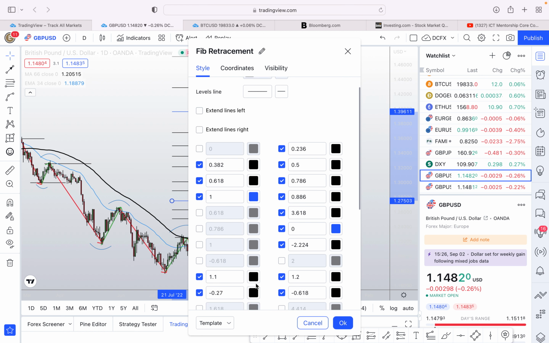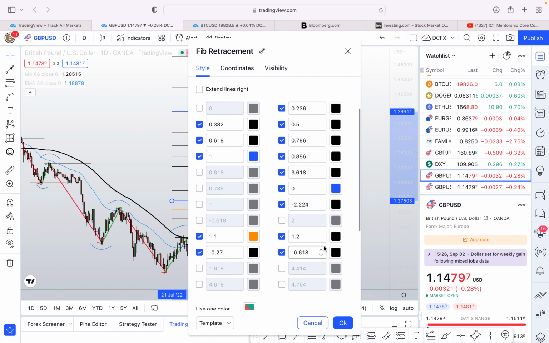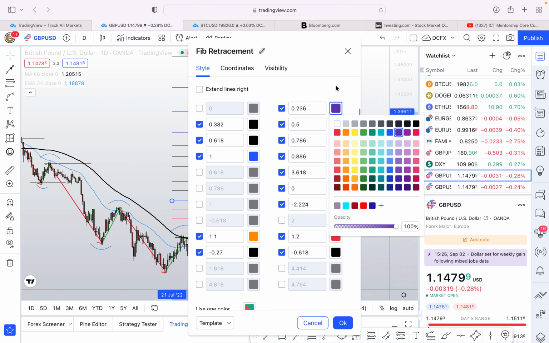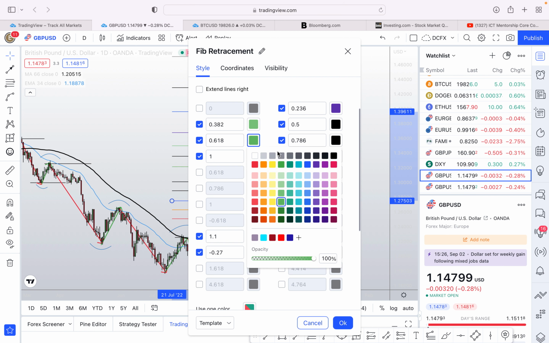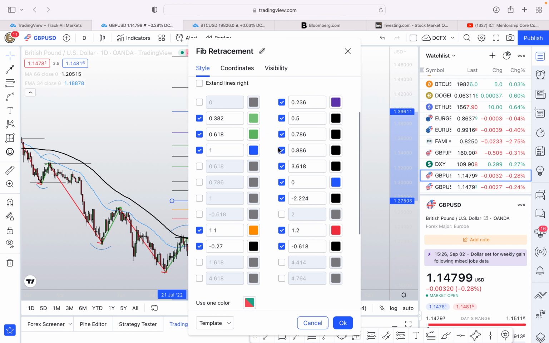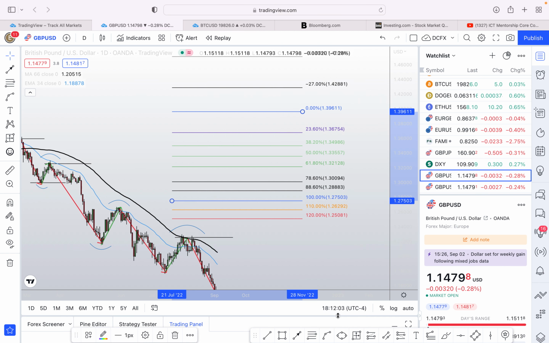And then we got 110 orange, and then 120 that's red, and then we do these as purple. All right, I think this is enough to get us going.